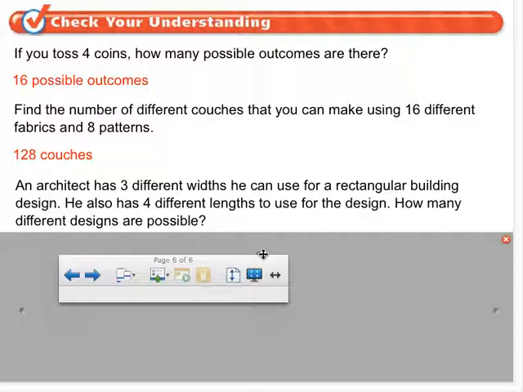Jameson, how many different designs are possible? Turn around, Trinity. It's 12. How'd you get that?